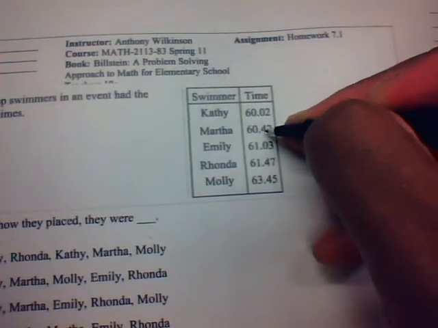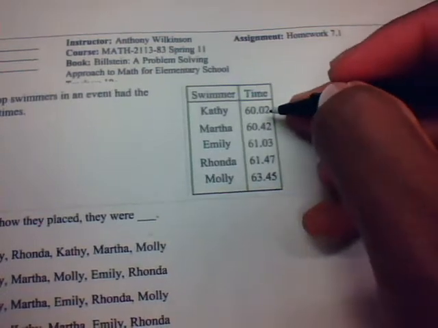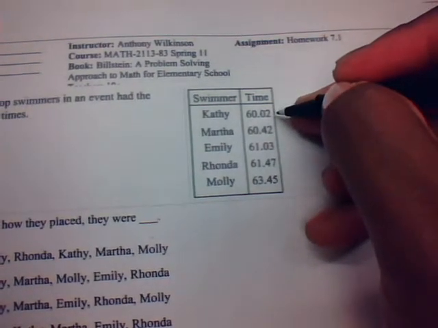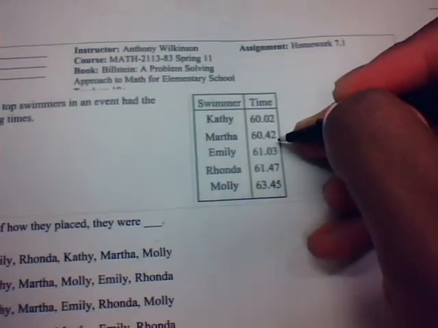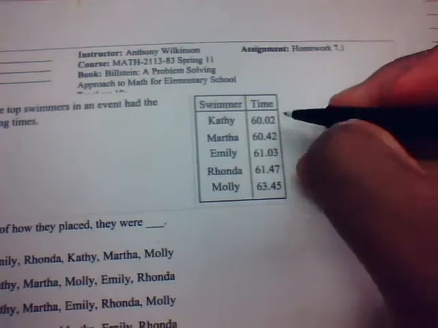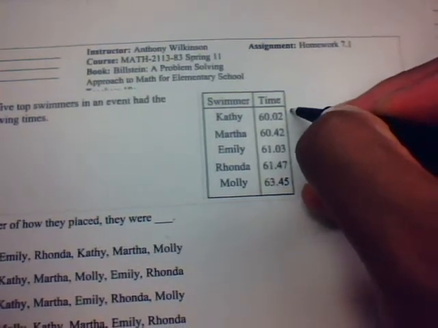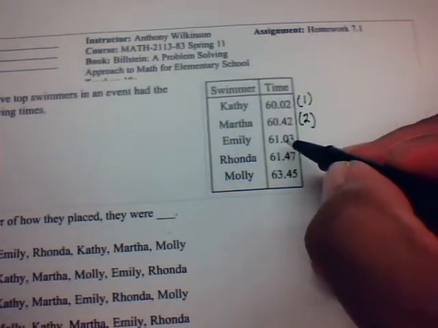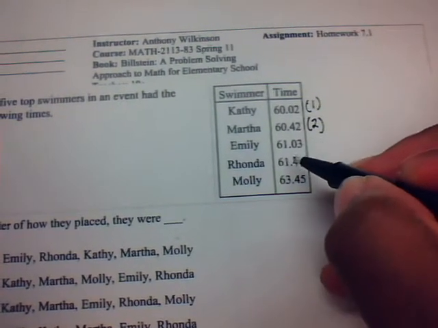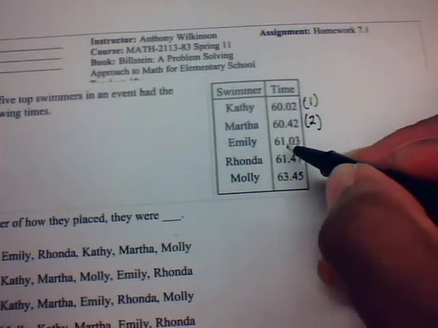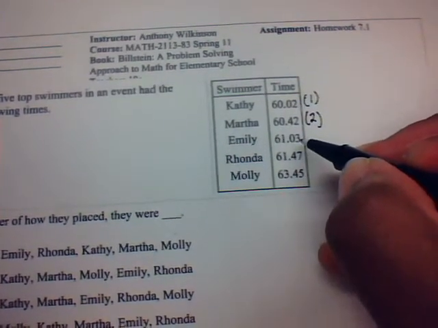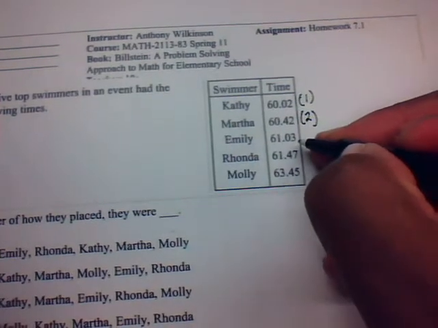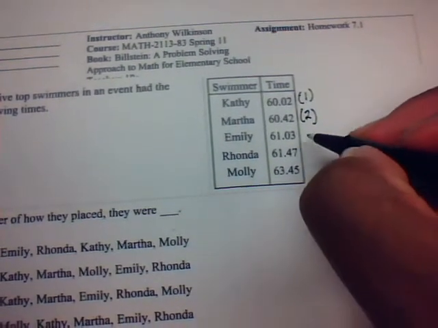And as you can see here, Kathy finished in the shortest time because Kathy finished at 60.02 seconds, where Martha only finished in 60.42 seconds. So in this case here, Kathy will be first, and then Martha will be second. Now for Emily and Rhonda, as you can see here, Emily finished quicker than Rhonda, 61.03, then 61.47.